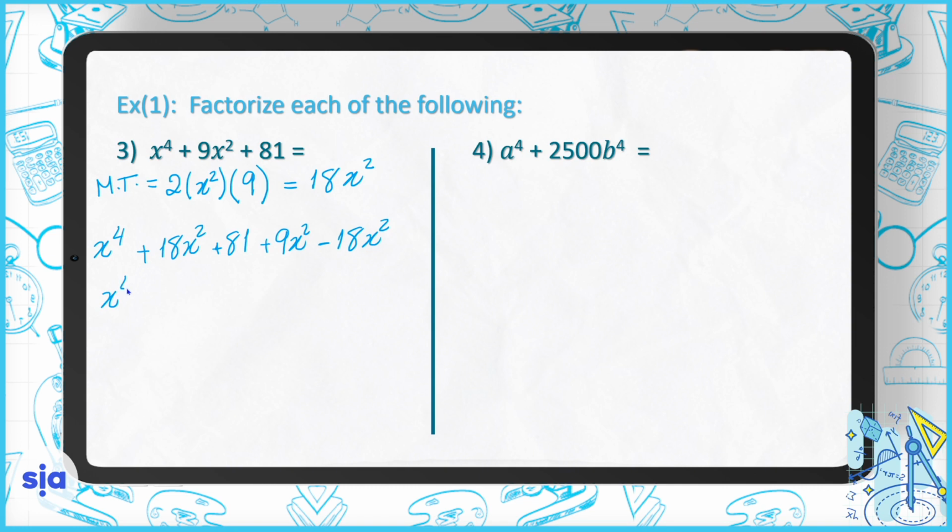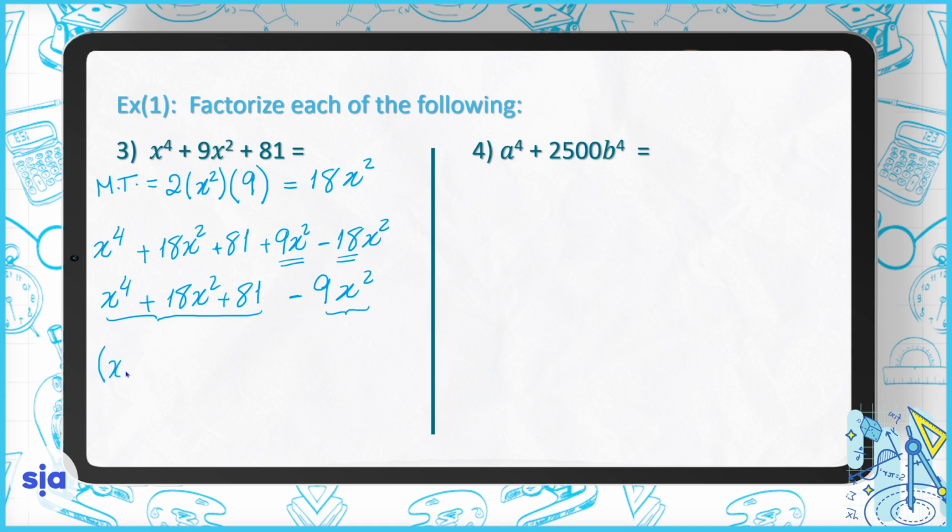So to simplify this, it's x power 4 plus 18x squared plus 81, and the plus 9 minus 18 is minus 9x squared. My target is to form a trinomial perfect square minus a monomial perfect square.